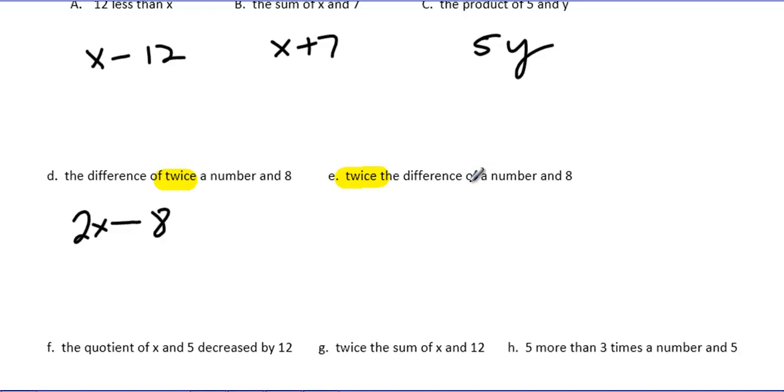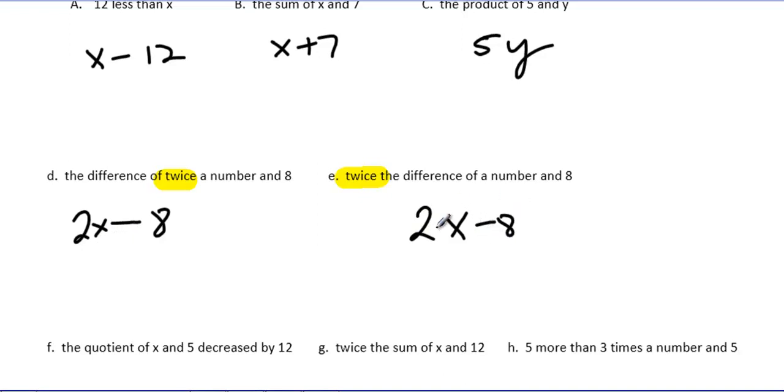The words the difference of, or the sum of, refer very specifically to the answer of that operation. So in this case, it's subtraction. So we want to take the answer of subtraction of a number and 8 and then double that or multiply it by 2. If we just put a 2 here, like we did in the last one, the multiplication becomes more important than the subtraction.